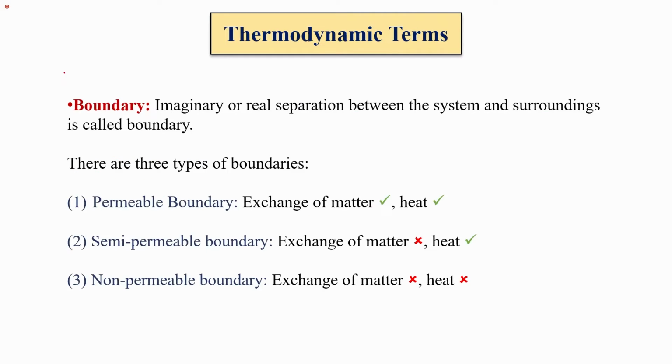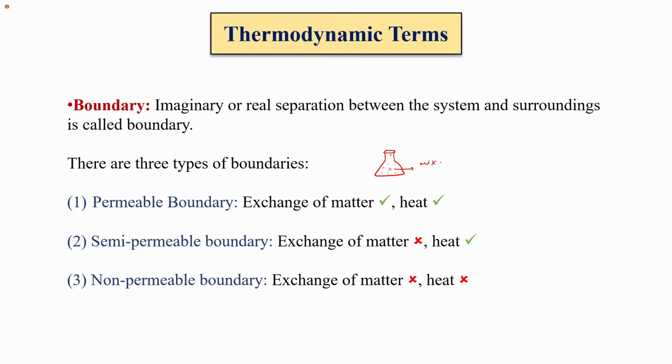Next we studied the boundaries. Boundaries are basically the imaginary or real separation between the system and the surrounding. Let's say this is your conical flask and some chemical reaction is going on. Some mixture is there.